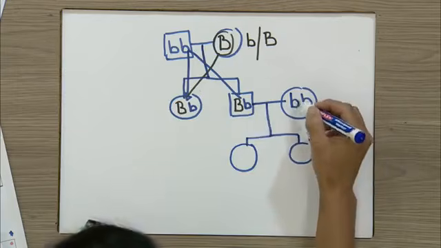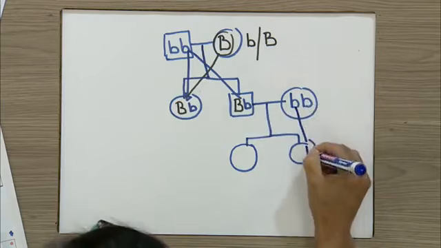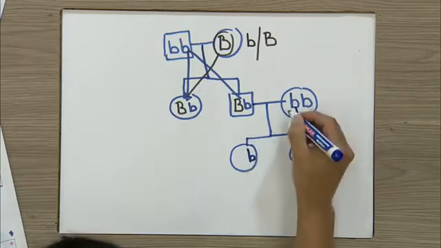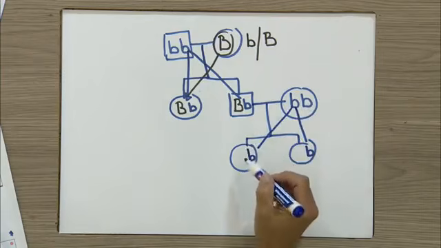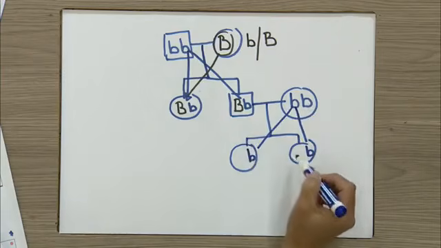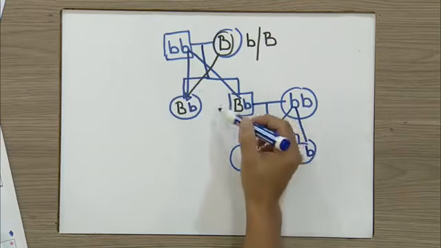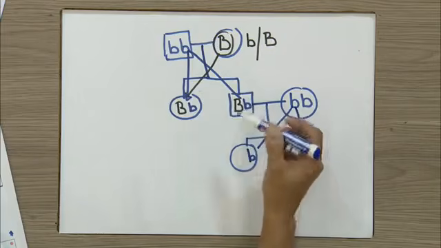So Veronica, she's homozygous, so she gave the small b, and the small b goes to that child. For them to have children with blue eyes and brown eyes, the father must be heterozygous.